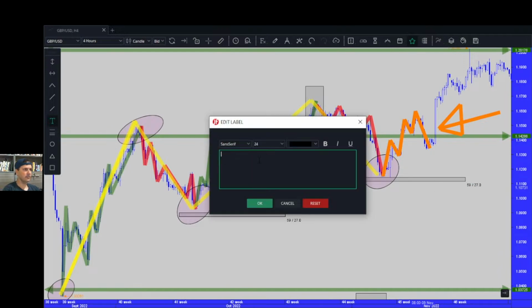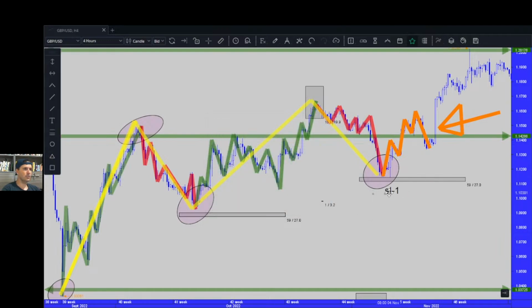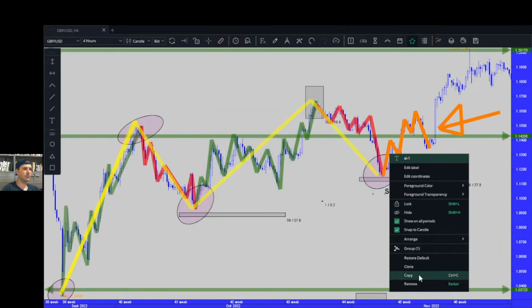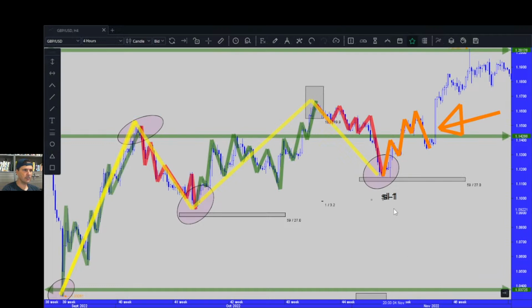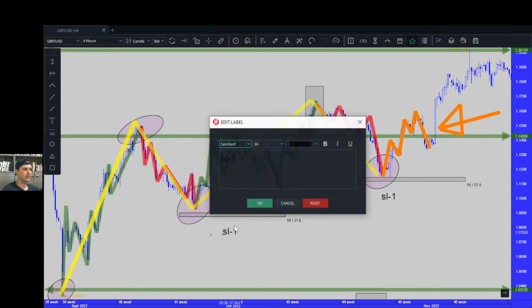Everybody, stop loss number 1 or stop loss number 2? Which one is the correct stop loss on the market wave?